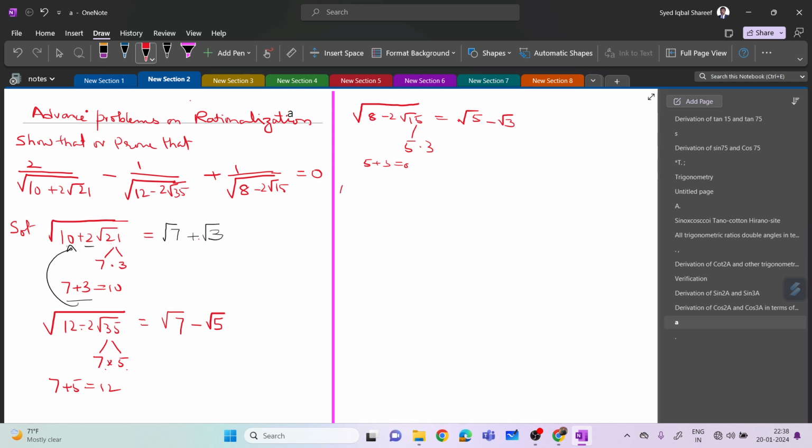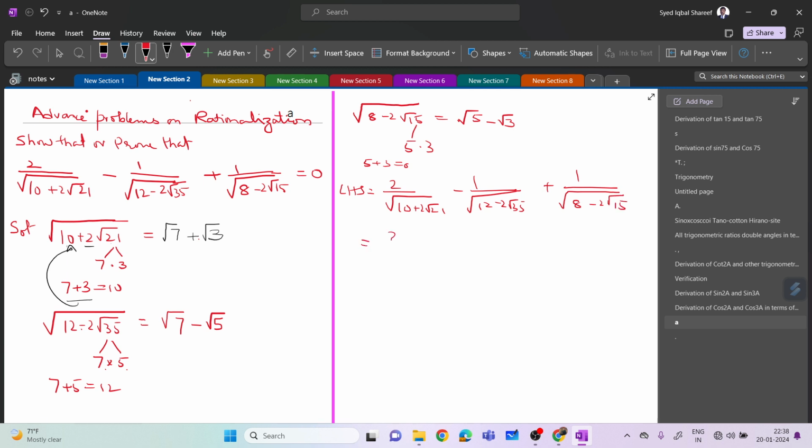So we got the left hand side. What is our left hand side? 2 by the square root of 10 plus 2 root 21, minus 1 by the square root of 12 minus 2 root 35, plus 1 by the square root of 8 minus 2 root 15.